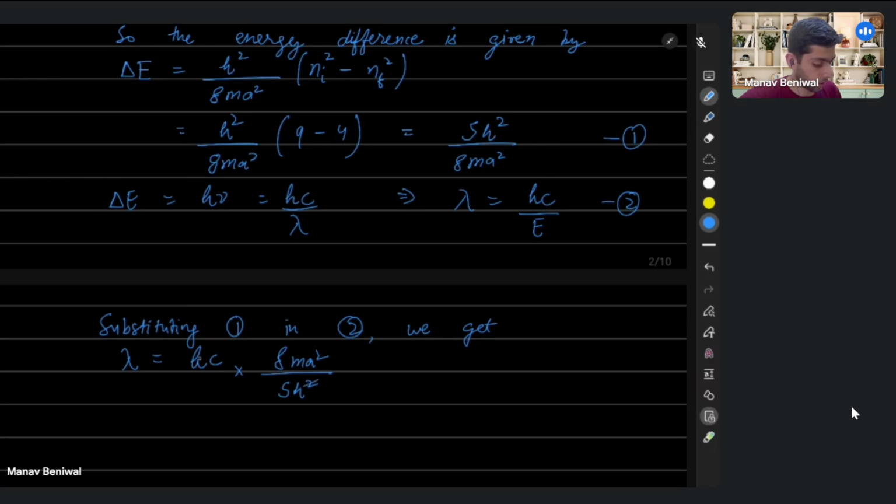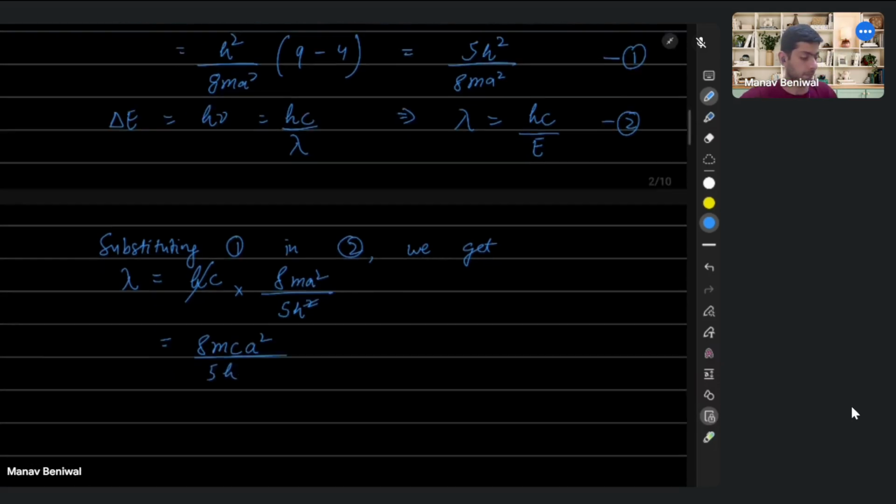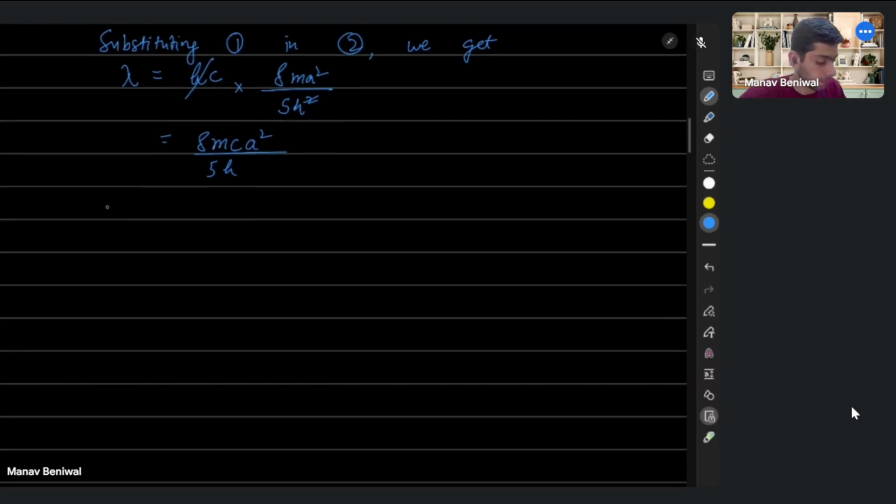So this h squared will cancel out with this h, so our lambda will be 8mca squared over 5h. Okay, now a is 1 angstrom, m is 9.1 into 10 to the minus 31 kg. Okay, and c is speed of light and h is Planck's constant.